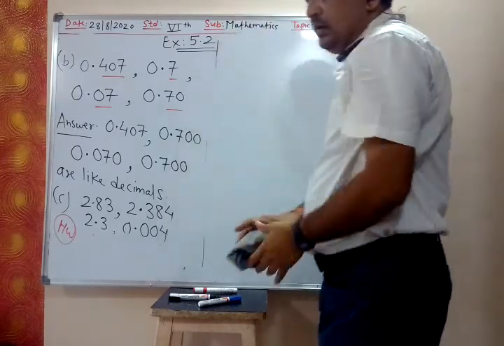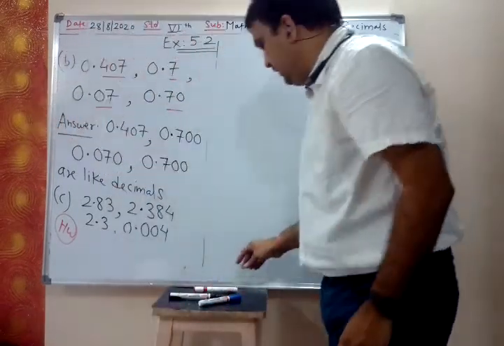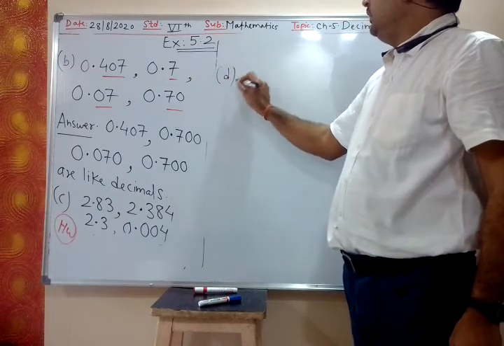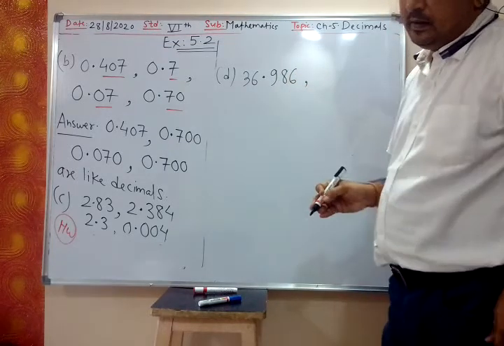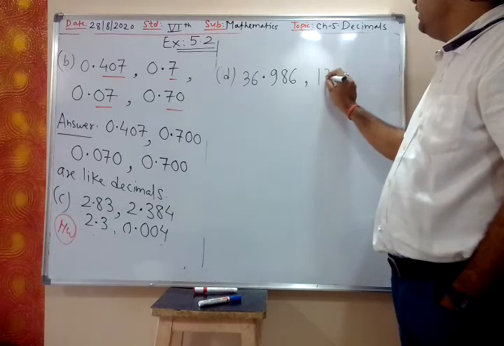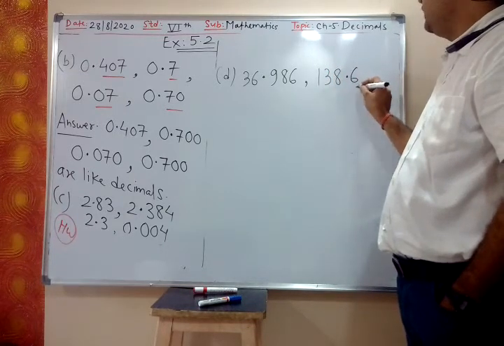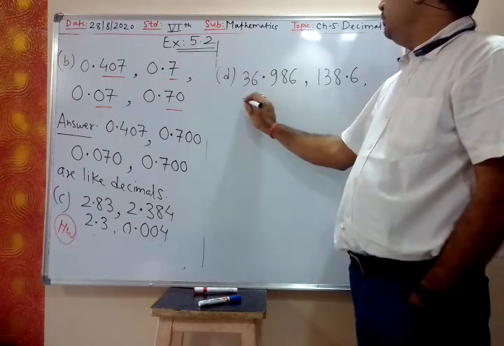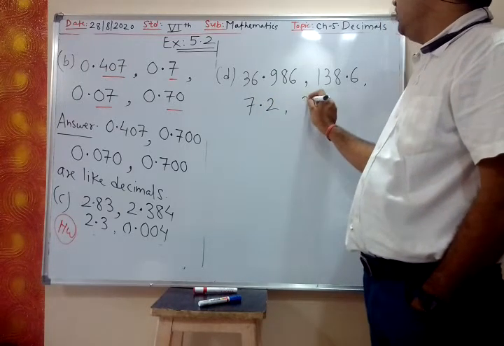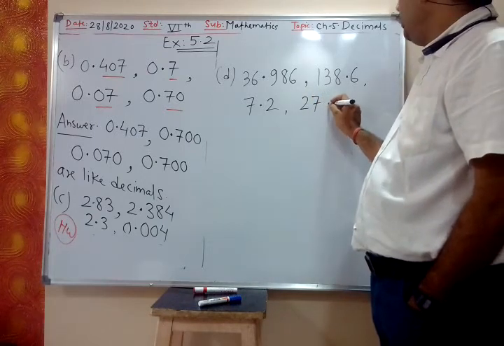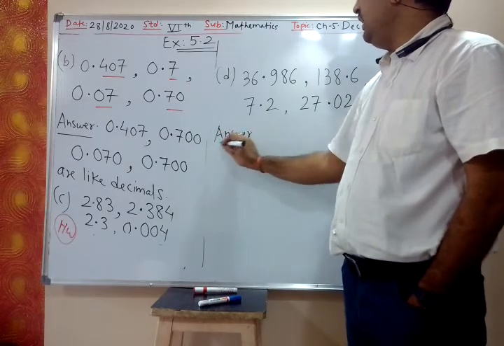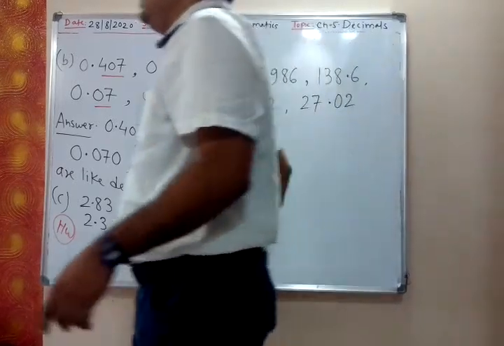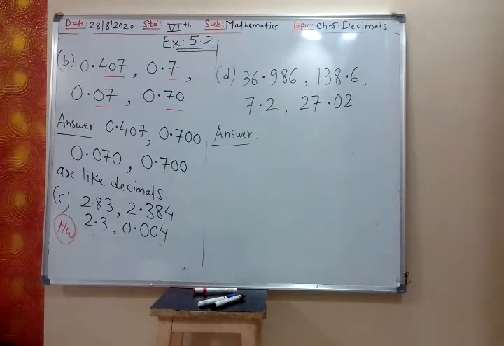Now D: 36.986, 138.6, 7.2, then 27.02. See here, this you remember, to convert them into like decimals, we see the number of digits after the point, not before the point.